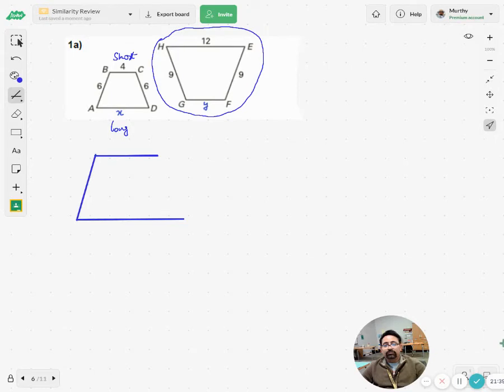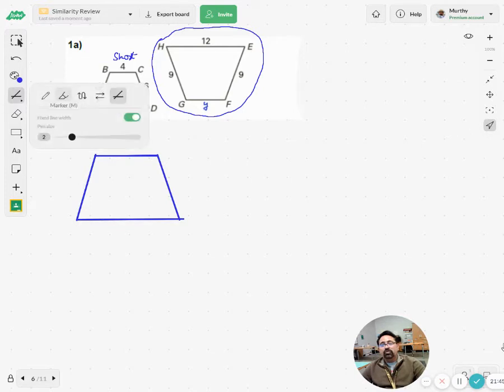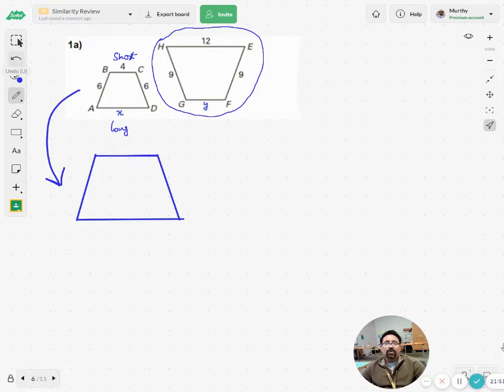Now I see that these two, the small one and the large one, have the same orientation. Then that makes my calculation part easy. Now let me label this one. The shortest one, I see that here it is y. So let me write y here. The longest one is 12 units.